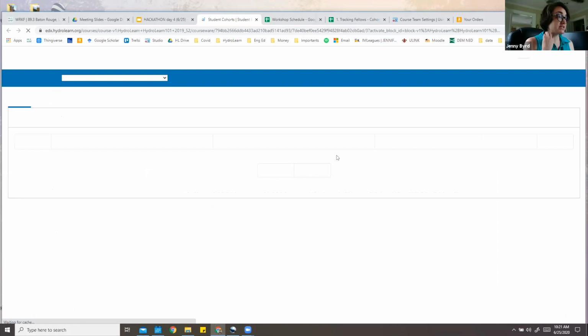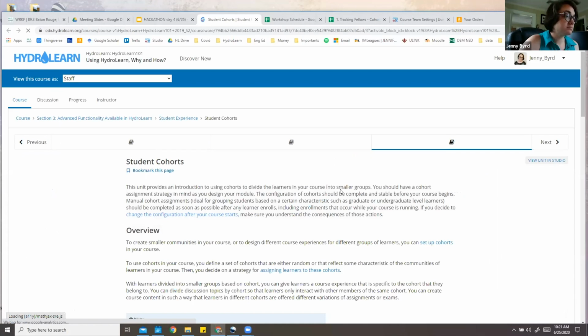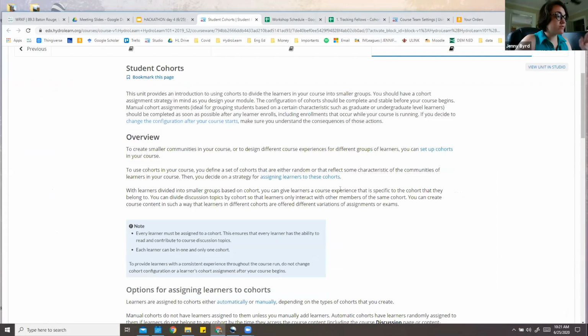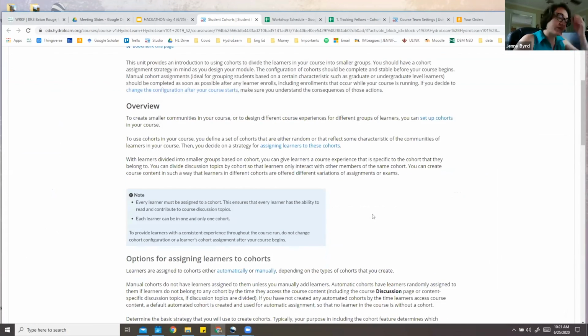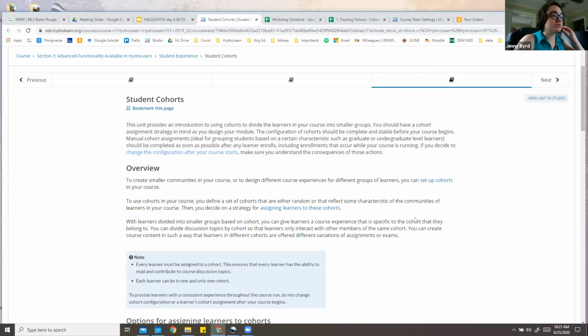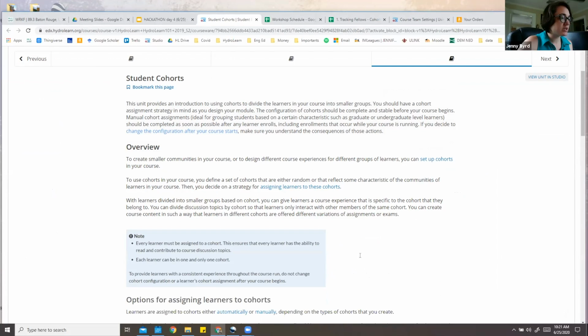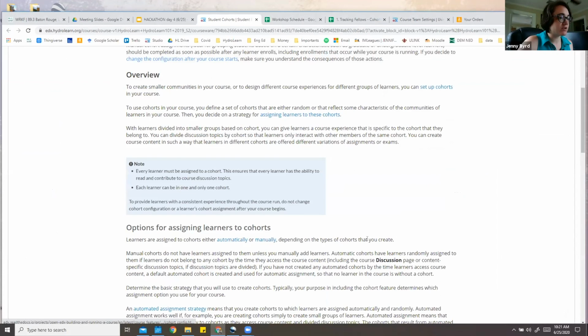It was a pretty detailed process for this, so I'll just provide a broad overview and then links to where you can find more information about organizing your course based on student cohorts. So for those of you who may want to divide your module based on student characteristics, you're going to want to go with a manual assignment of your cohorts.